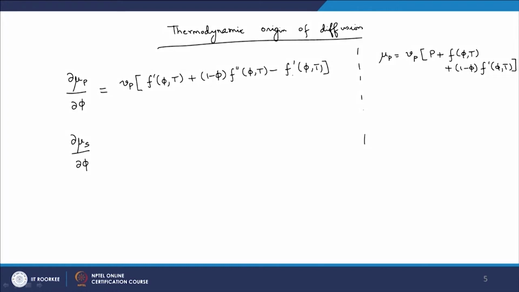Again we have certain cancellations, and what we get is V p multiplied by 1 minus phi f double prime of phi, t.